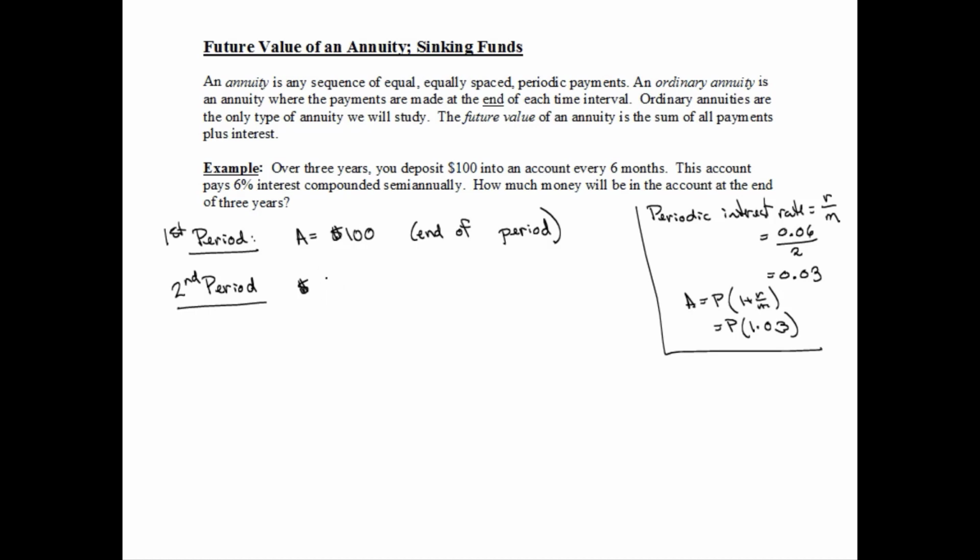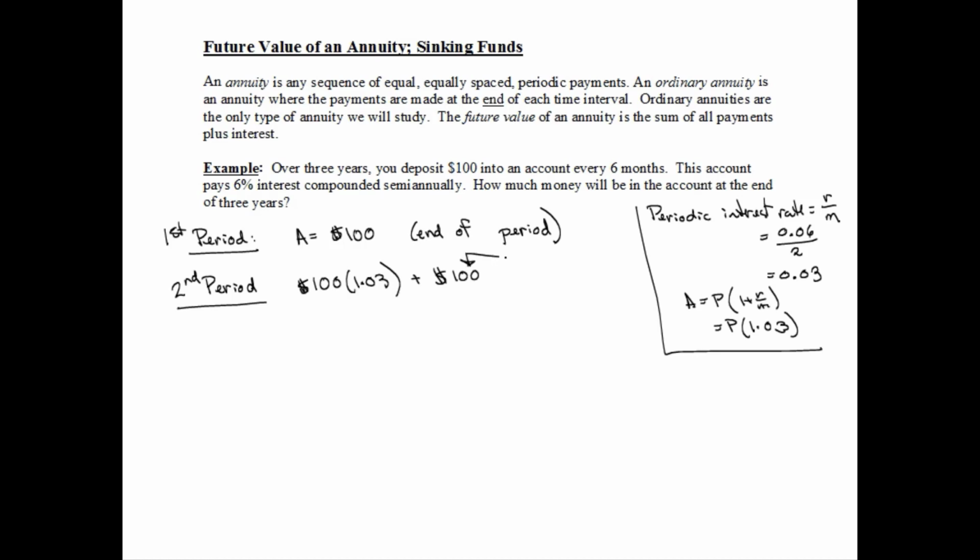So here, the $100 that we deposited at the end of the previous time will now be sitting for the entire second period, and therefore it will earn interest. How much will that 100 grow to? It will be 100 times that 1.03. In other words, that 100 is serving as the principal. Then, at the very end, we are going to add on another $100.